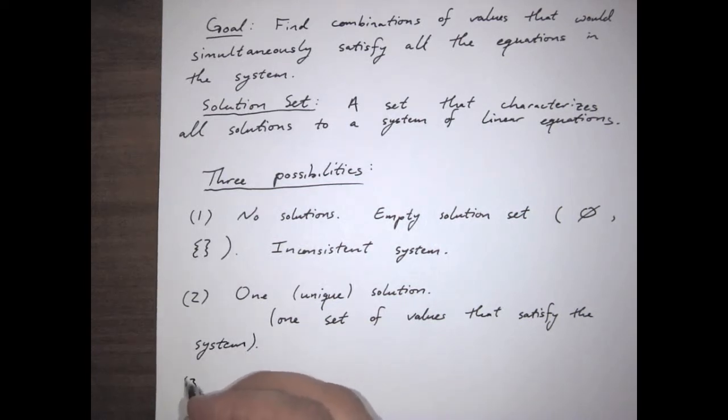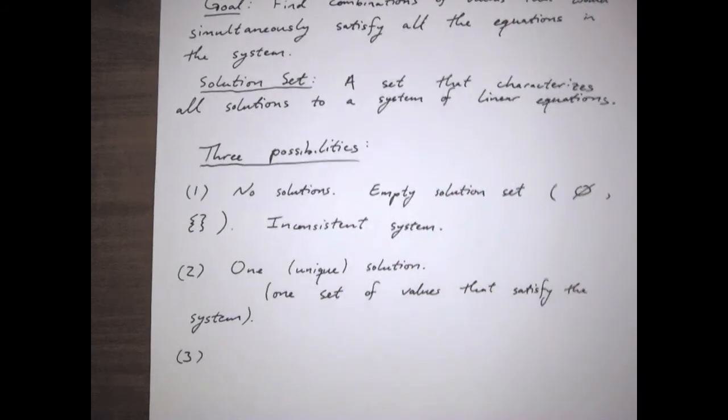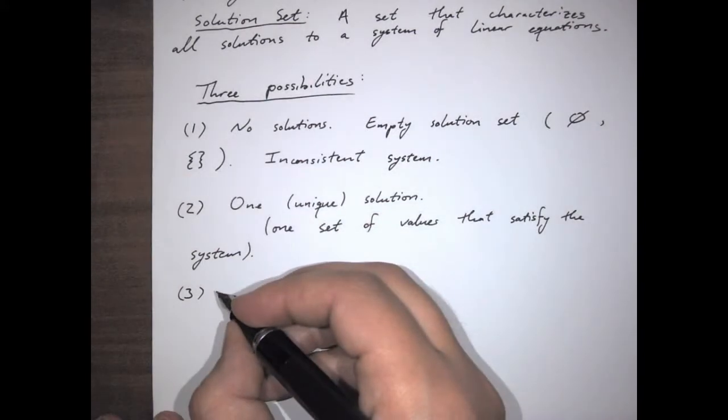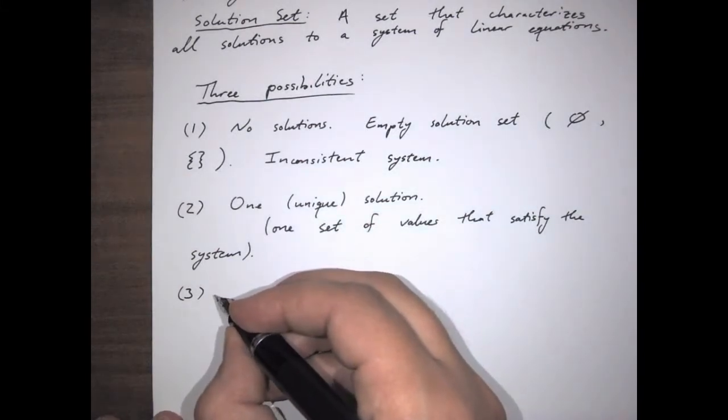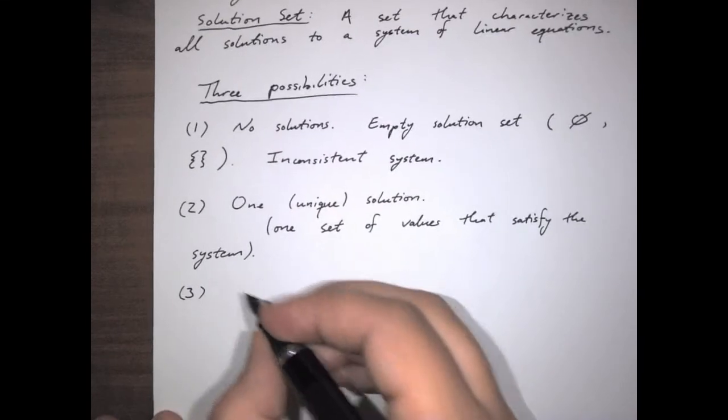Okay, and then the third case would be there might be an infinite number of solutions, which we will characterize as a solution set or a family, and we will parameterize it using a parameter such as t.